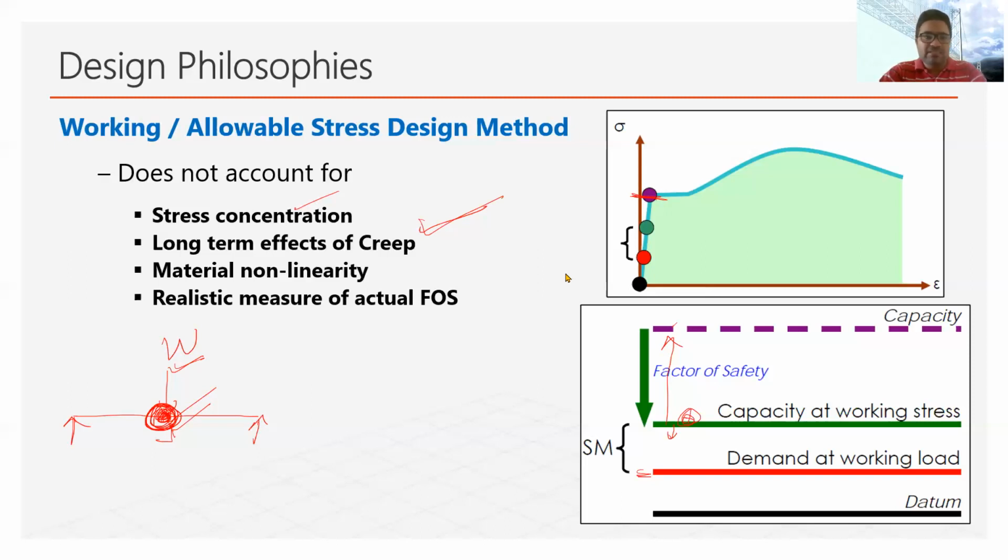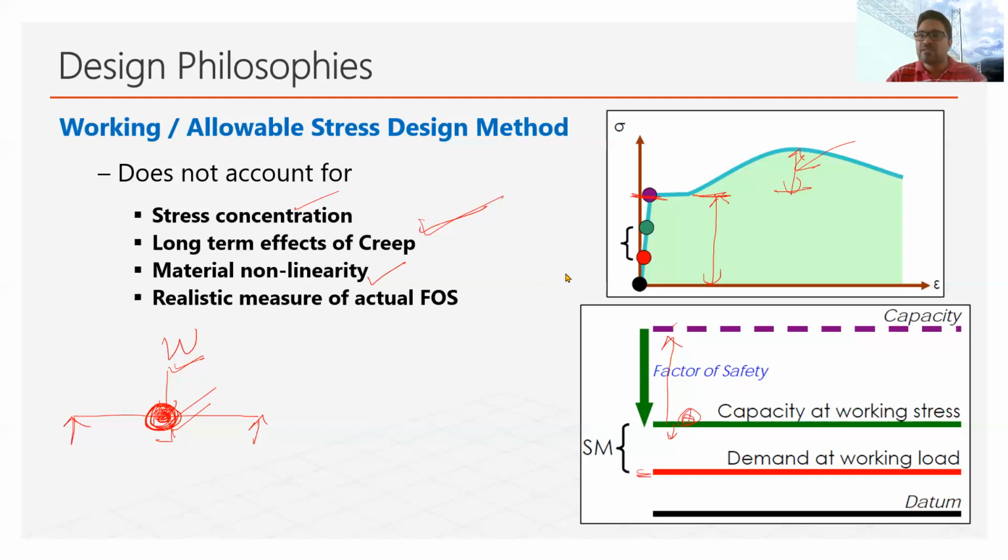Besides this, the working stress method also doesn't consider material non-linearity. As I said, in working stress we consider the stress or strength of steel only up to this point. But what about this? This is the strength of steel in the plastic stage. In working stress, we do not consider the plastic strength of the material.